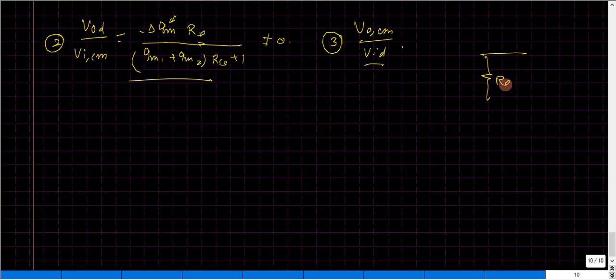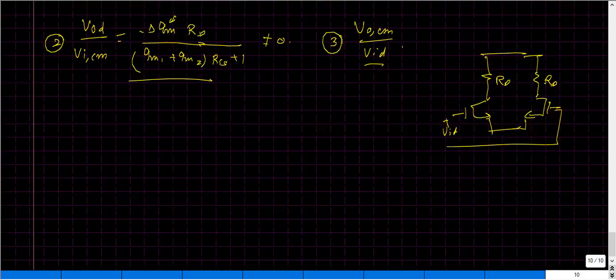For which I'm just going to redraw the structure of my differential pair, and clearly because of some mismatch across my transistors, when I apply the common mode or when I apply the differential input between these two gate terminals, I cannot equally divide them, or I cannot assume that this particular node goes to the ground.